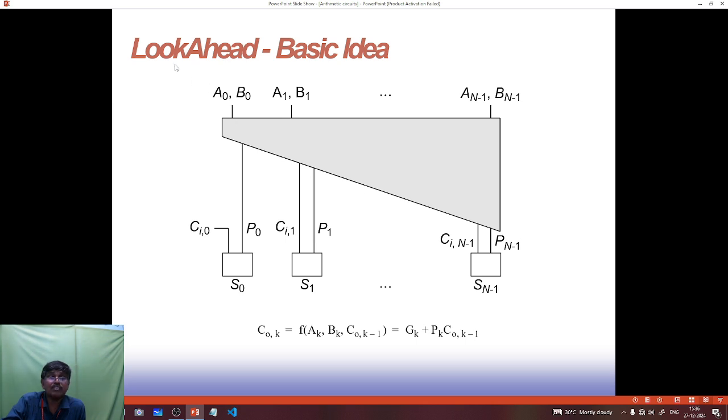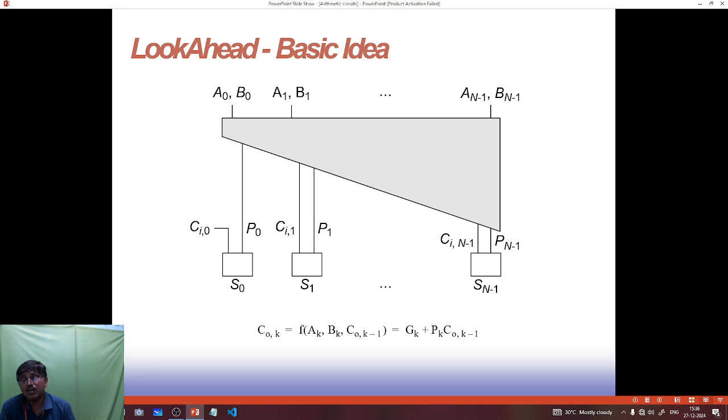So what happens with the look ahead carry? The basic idea behind the look ahead adder is that when you are connecting a 4-bit adder or 16-bit adder, we get the carry output simultaneously. So when you switch on the look ahead adder circuit, what happens?